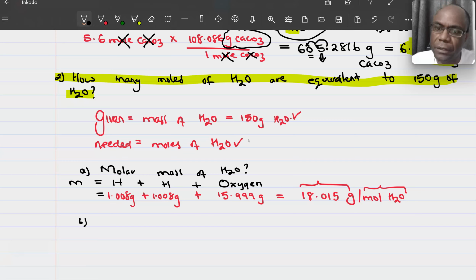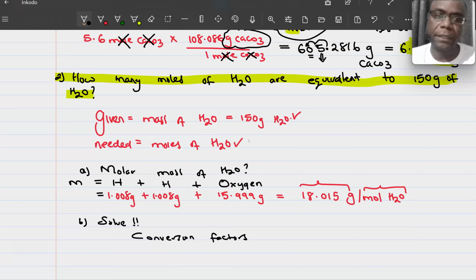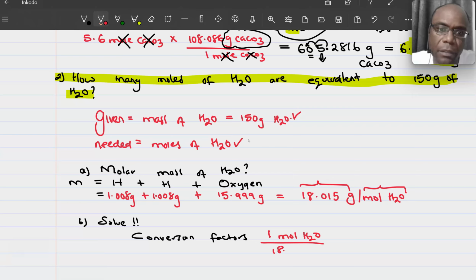Now step B, I can actually now solve the problem using conversion factors. So the conversion factors in this case are simple. Based on the molecular weight, I can do 1 mole of H2O per 18.015 grams of H2O, or I can do 18.015 grams of H2O is equivalent to 1 mole of H2O.